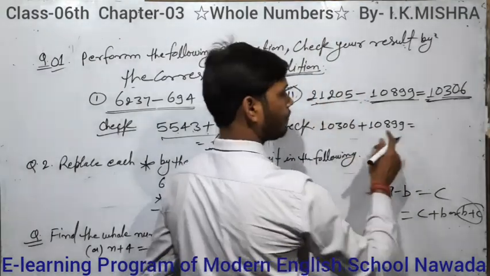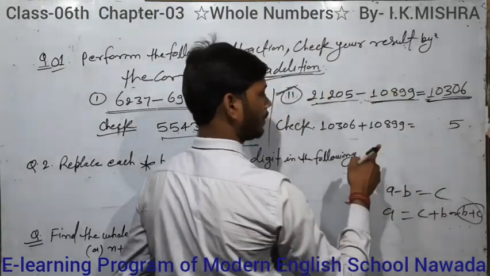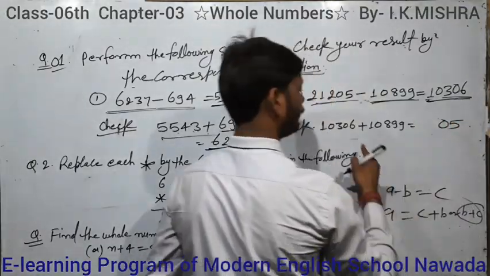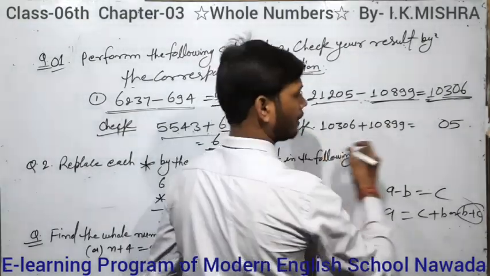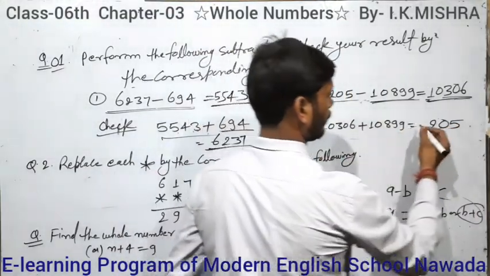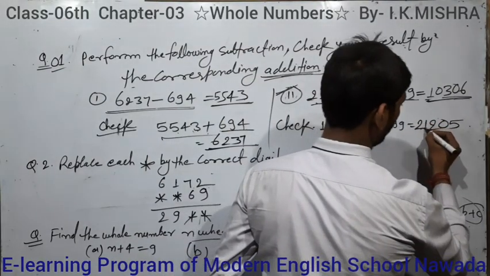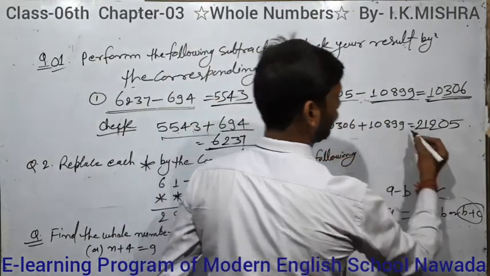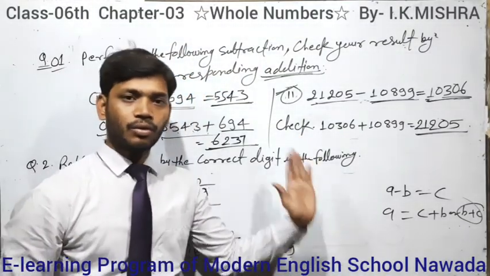If you add it, 6 plus 9 is 15, carry 1, 9 plus 1 is 10, carry 1, and so on. That means you get 21205. Check it.